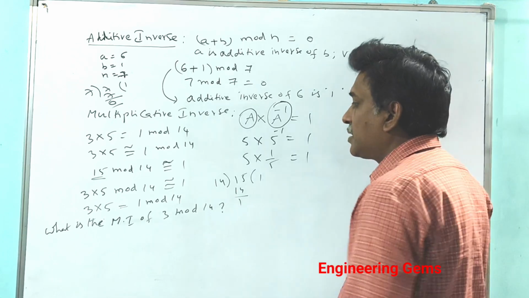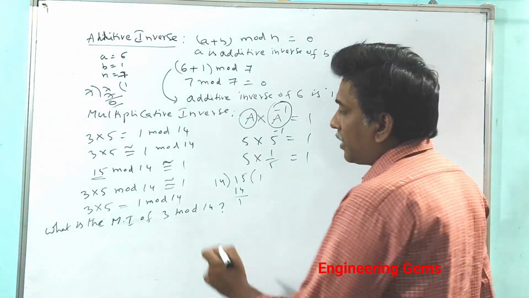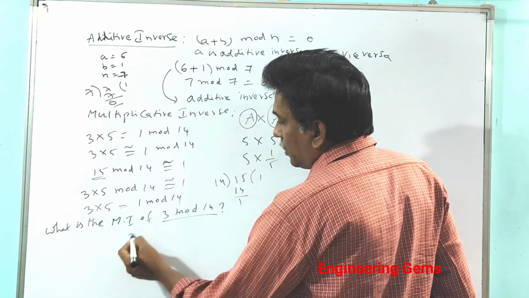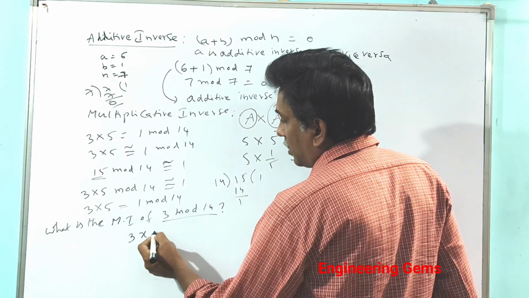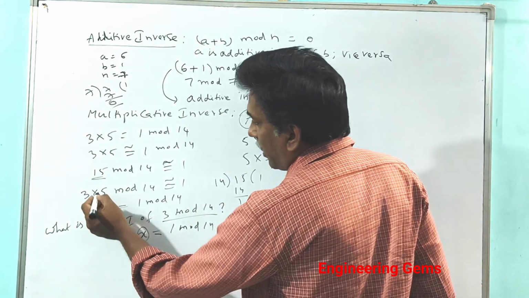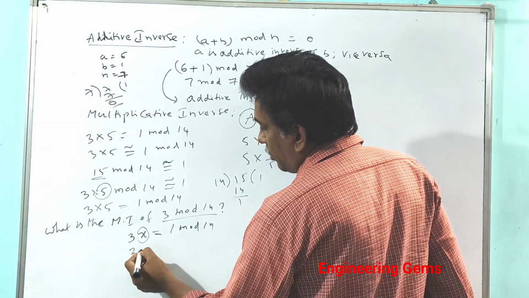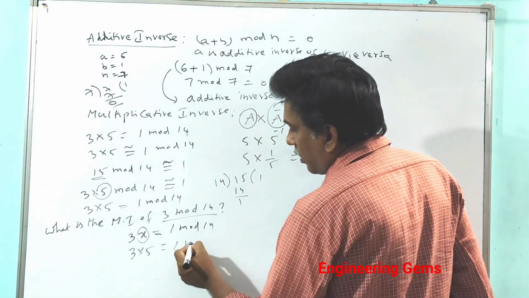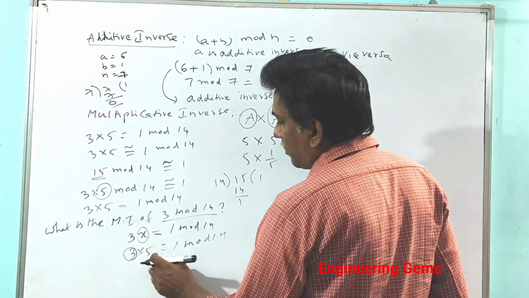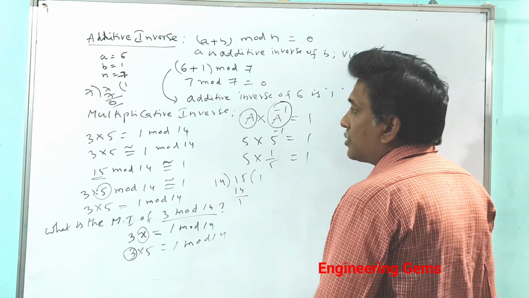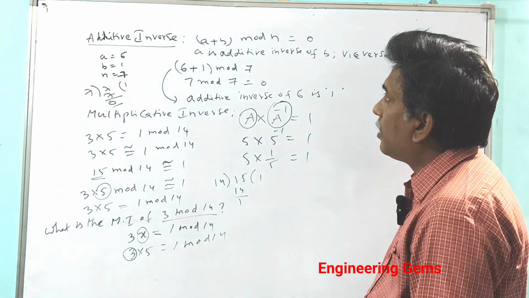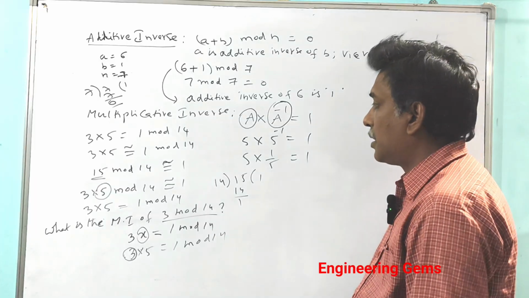If you face a question like this, you need to write 3x equals 1 mod 14. Now the value of x here is 5. So 3 into 5 equals 1 mod 14. So the multiplicative inverse of 3 is 5, right? Like that you can calculate the multiplicative inverse. This is a simple method to find the multiplicative inverse.